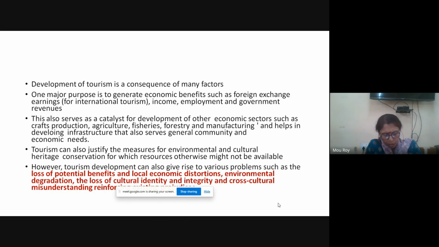However, tourism also has negative impacts on the environment. How are the negative impacts? Suppose you take the example of a lot of inflow of tourists on a particular destination. You have to come up with a lot of hotels. You have to come up with a lot of food outlets.